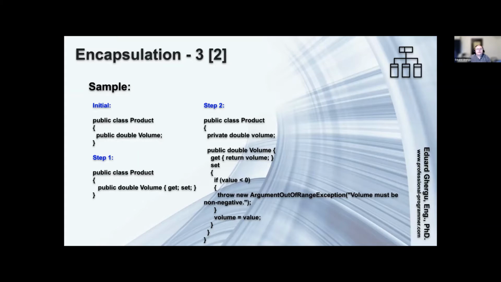So this field will not be possible to be changed without performing some validation, some checking. If something is wrong with it, then we can inform the consumer that something was not okay. So as we can see in this case, an exception will be thrown if the value is less than 0. So it's just a sample, as I said, but the idea is to have some basic validation for it.